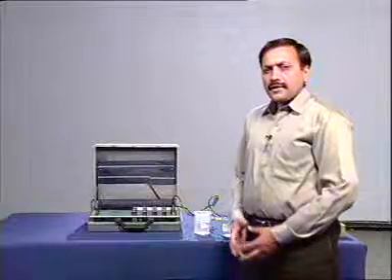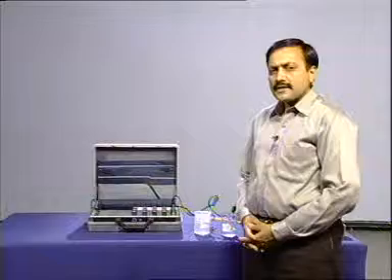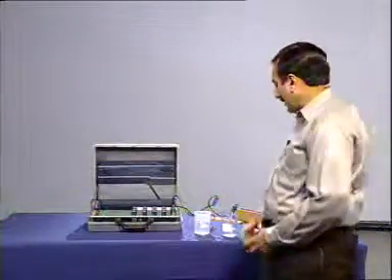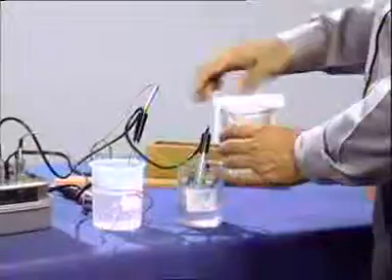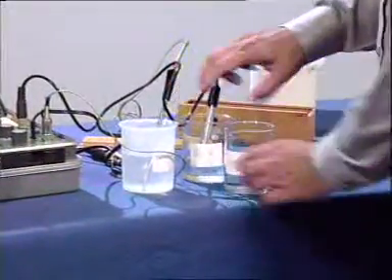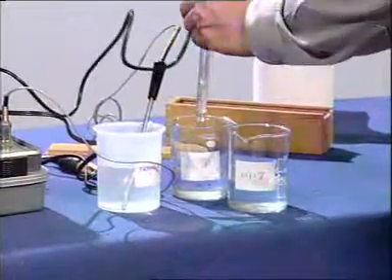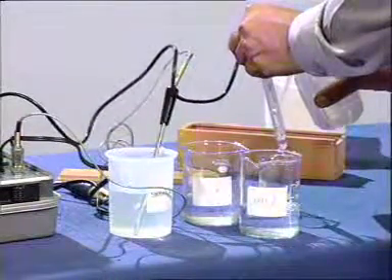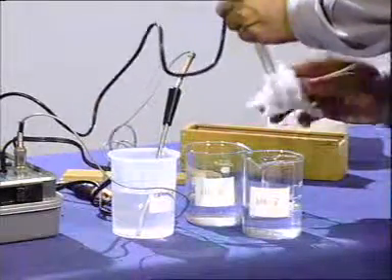Now, should you require better accuracy, we can calibrate it against another pH buffer of known concentration. So, now we use a pH buffer of 7. So, take the electrode, wash it with distilled water, gently wipe.